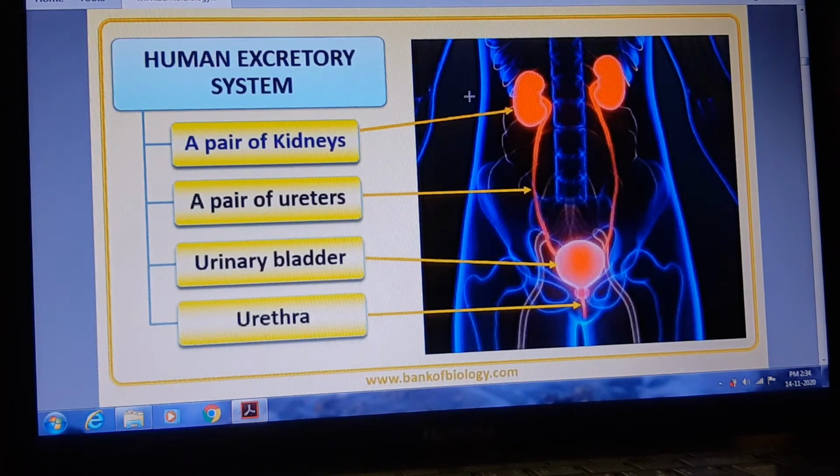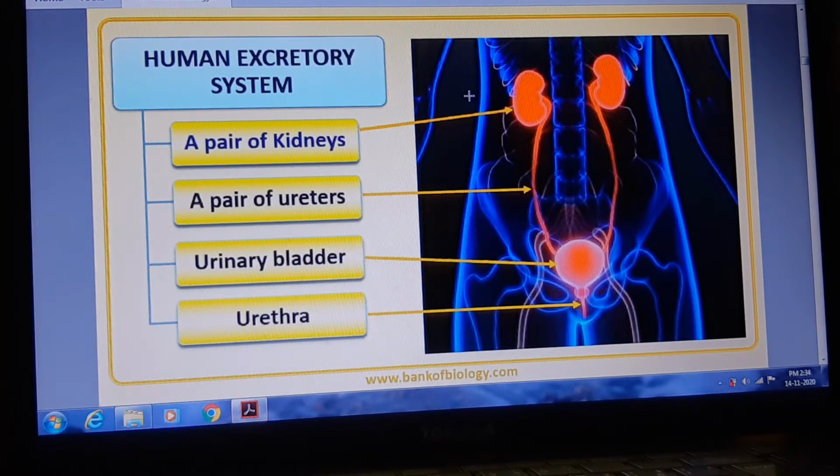Then the urinary bladder. The kidney is the organ which synthesizes the urine, releasing the excretory waste in the form of urine, and that urine is stored in the urinary bladder.